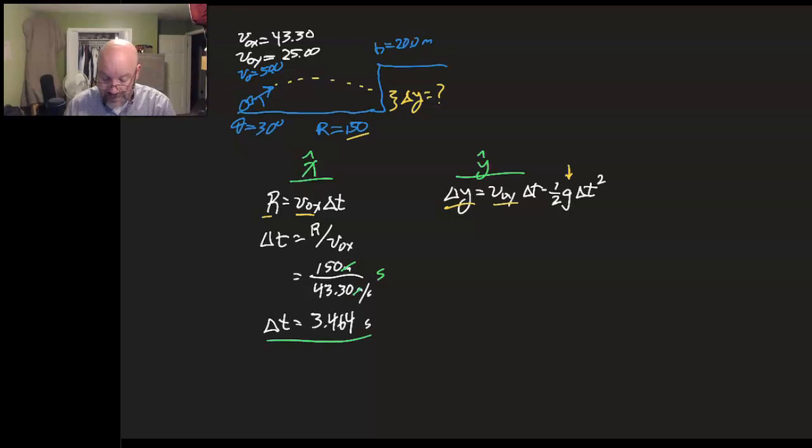There we go. So there's my time, and I can take my time and drop it up into this other equation. That's going to give me my delta y.